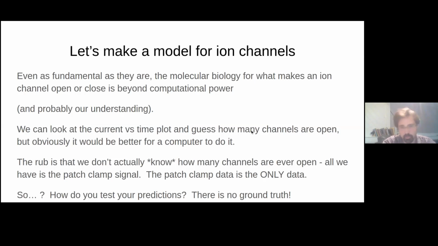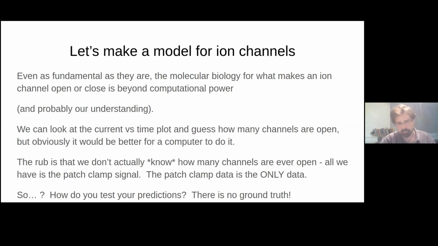So this is what they were doing, as we mentioned. People look at the current versus time plot and they guess which channels are open. But the noise can be greater than the baseline signal, so even a human looking at it might make mistakes. In reality, if you're looking at real data, you don't know how many channels are open.